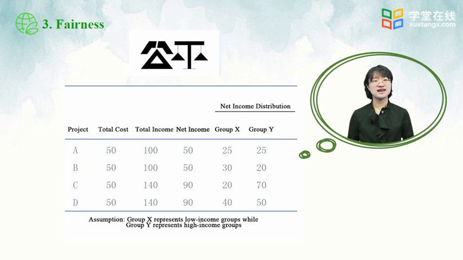Group X represents low-income groups, and Group Y represents high-income groups. From the figure, we can see that in Project C, the low-income Group X shares 20 of net benefits, and Group Y gets 70. But the gap between Group X and Group Y in Project D is not so big. One gets 40 and the other gets 50. So when considering the fair distribution of benefits among different income groups, we should choose D.